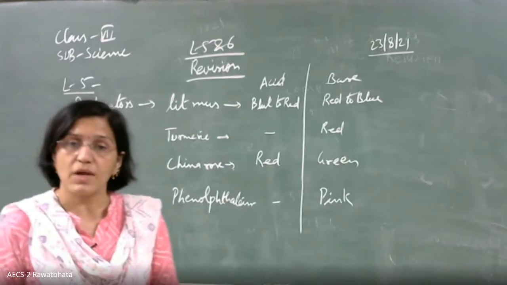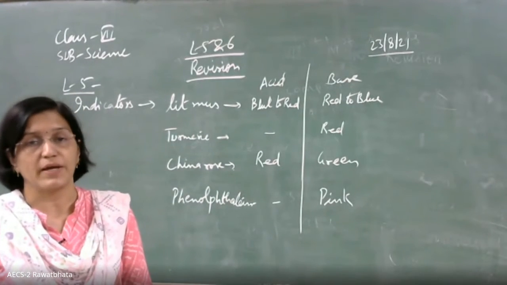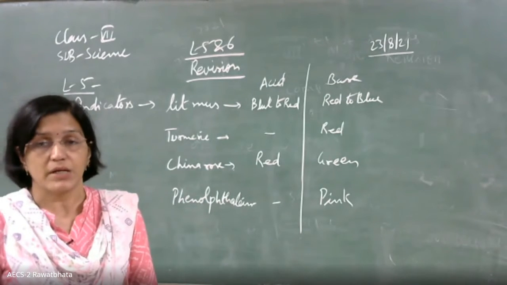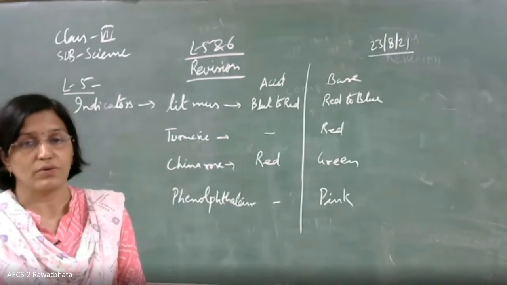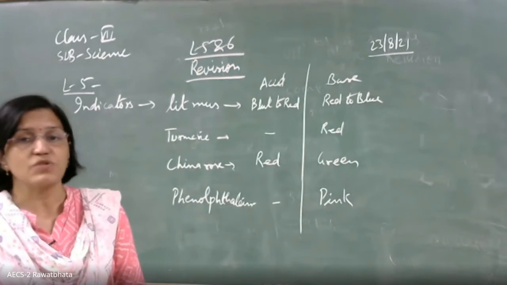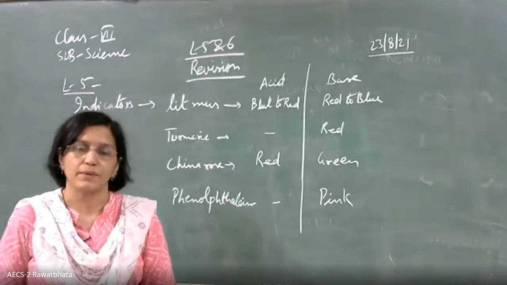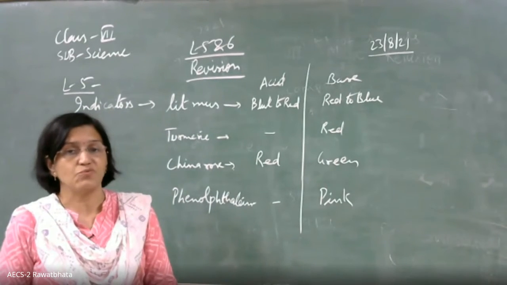There are some strong acids which burn: HCl, HNO3, H2SO4, that is hydrochloric acid, nitric acid and sulfuric acid. They are strong acids. They burn. There are acids which are edible, which we can eat, present in food items.